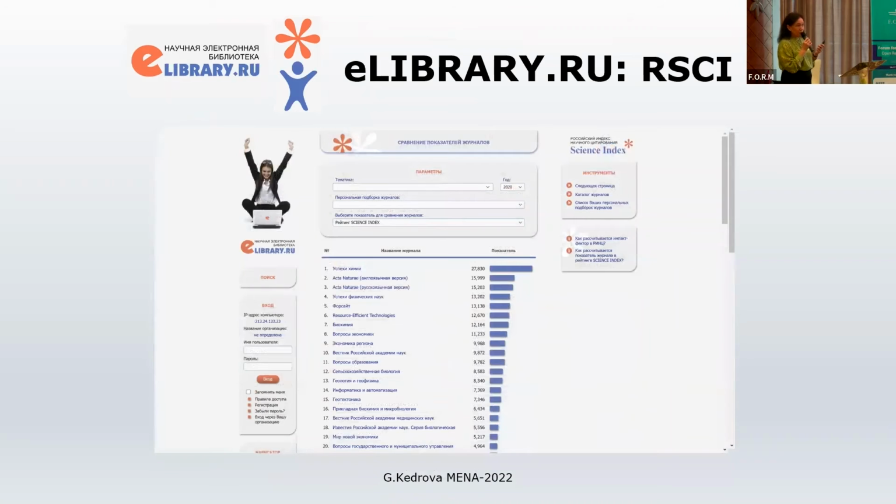Why are our students and faculty using these indexes? It's very important, because using these indexes, we can find relevant journals where to publish our papers. I'm teaching faculty and postdoc students to use this RSCI index for the Russian journals.